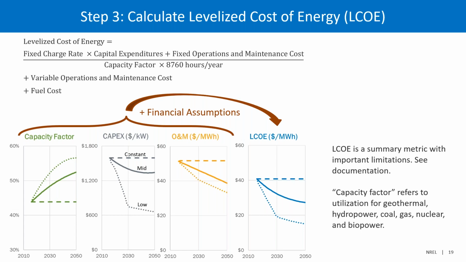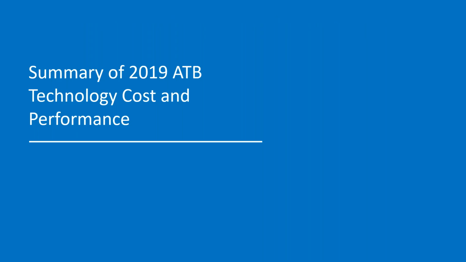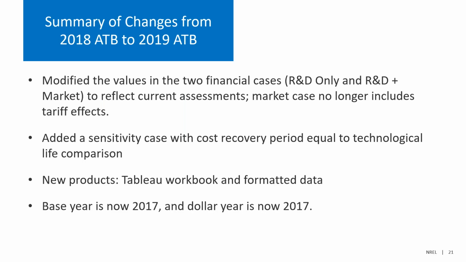So our documentation discusses that in more detail. So now I'll turn to the summary of 2019 ATB technology cost and performance. So this is mainly housekeeping changes from last year to this year. We did come out with the new products, as I mentioned previously.